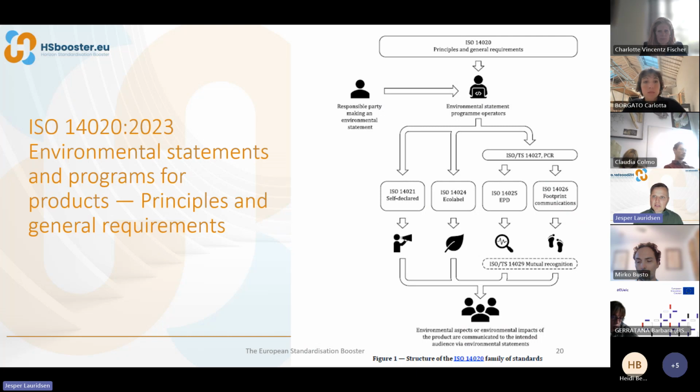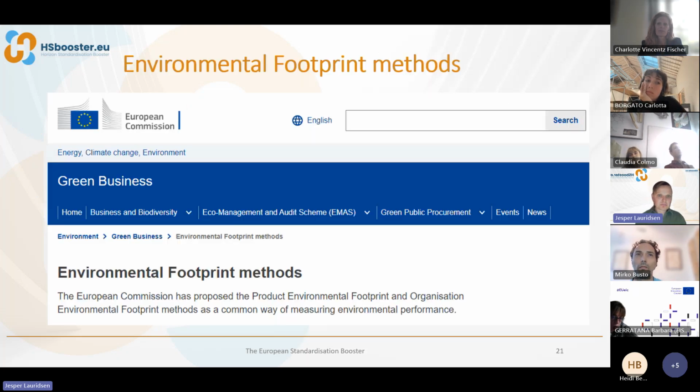So these are the standards, and the reason I put this in is to start showing you, in this long, boring presentation on life cycle assessment, that there is actually a reason why we use the 14040 and 44. We use them because a lot of the other standards, and as I'm going to show you, legislation also, point back to these standards.